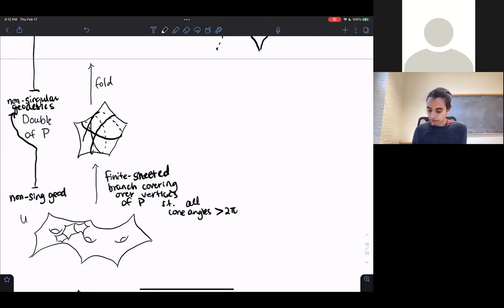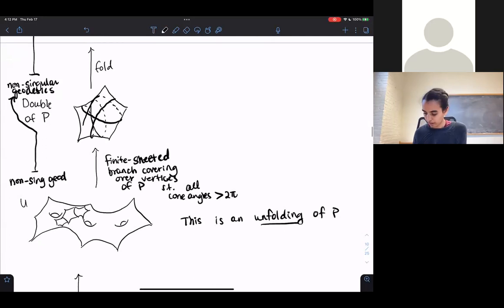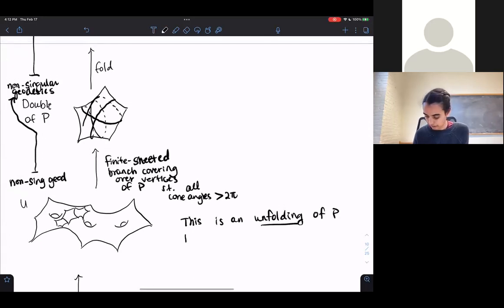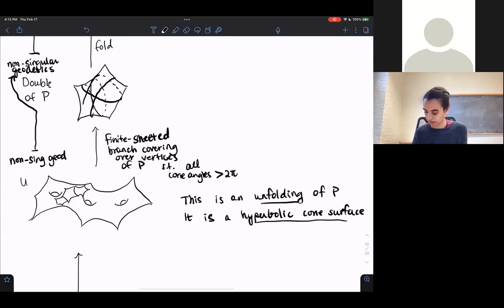Okay, so this here, this is what I'm calling an unfolding. This is an unfolding of P. And the type of metric that it has, I will call hyperbolic cone metric. And so I'm calling the surface a hyperbolic cone surface. Okay.